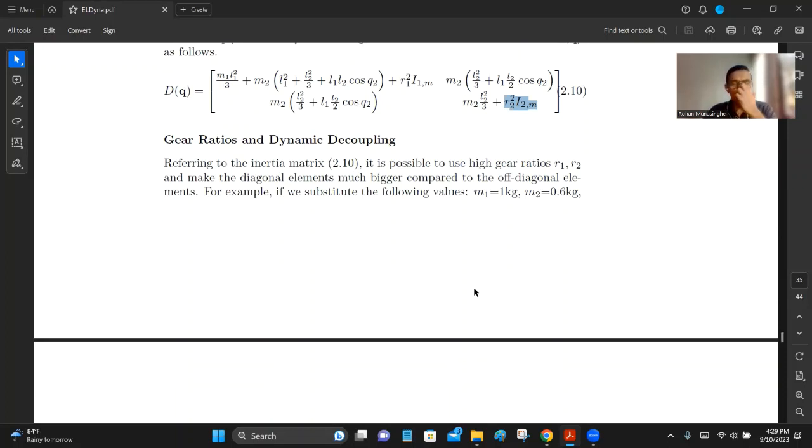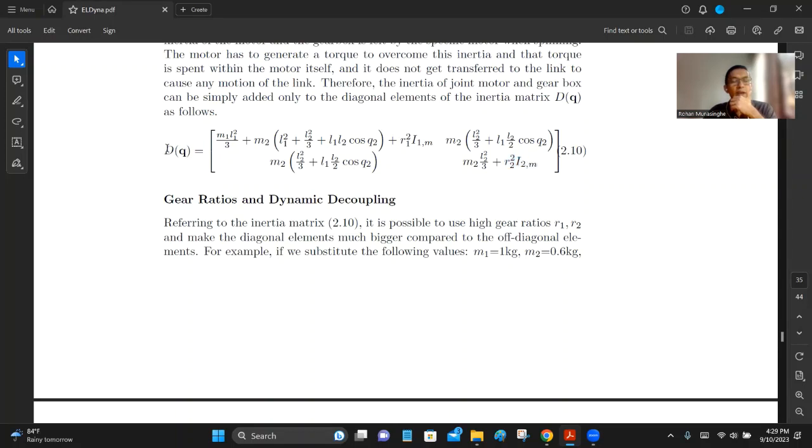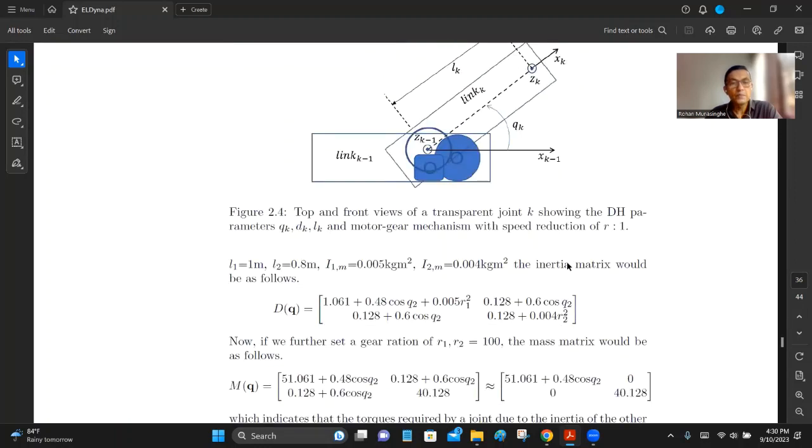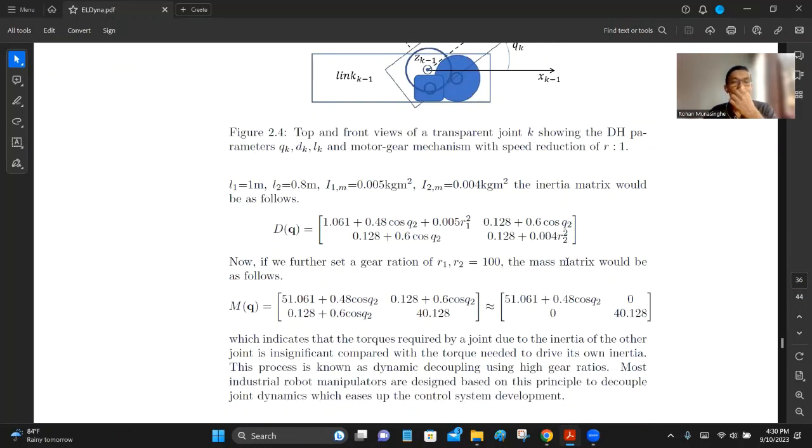So how can you do that? For that, let's use this inertia matrix here and put some numbers in. Mass of link 1 is 1 kilogram, mass of link 2 is 0.6 kilograms, and what else? Link lengths. First link is 1 meter, second link is 0.8 meters. What about inertia of the first joint motor? It's very small. Can you see that? 0.005.